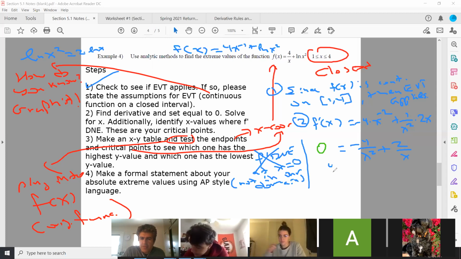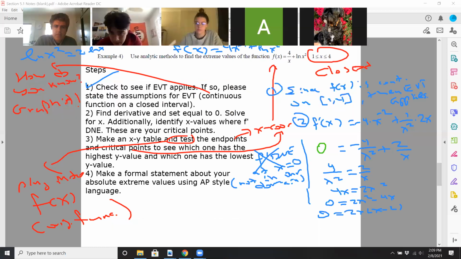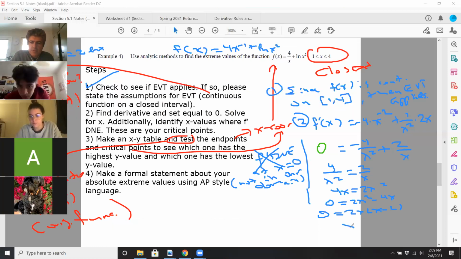I'll probably move the 4x squared to the other side. I will cross multiply. I'll move everything over to one side. I'll do some factoring. And I see that x is going to equal 0 or 2.